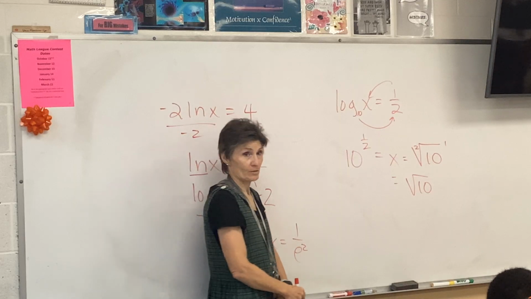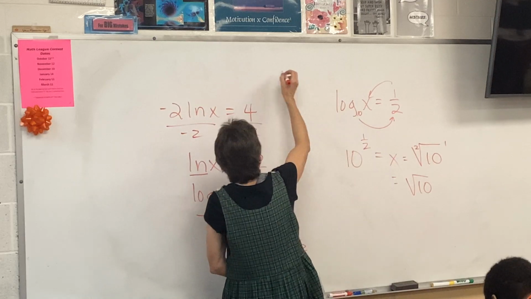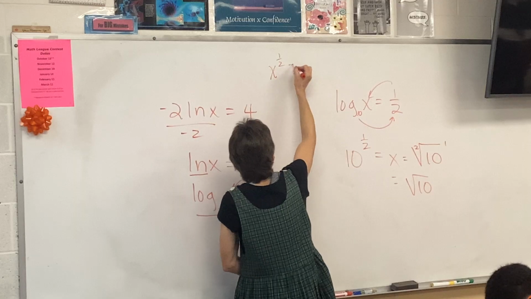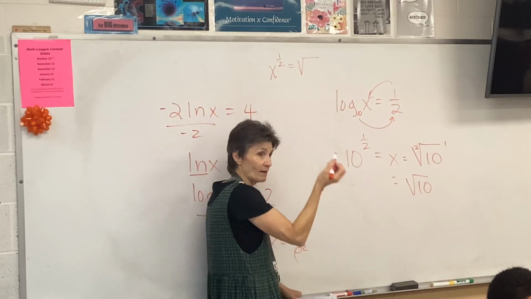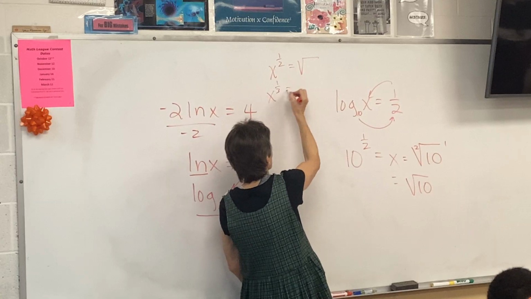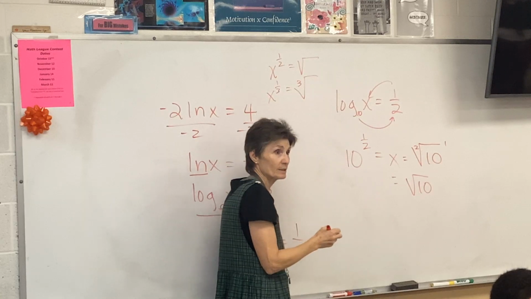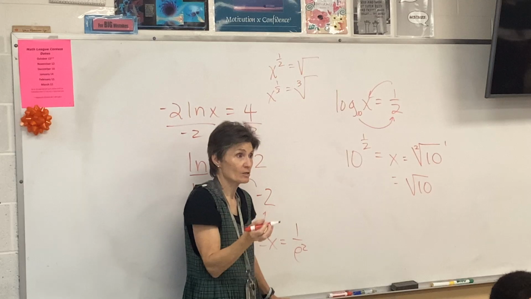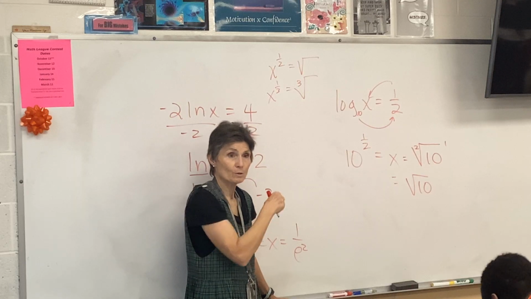Yesterday, I told you that a 1/2 exponent is the square root, and vice versa. And a 1/3 exponent is a cube root, and so on and so on. Here we're using that idea.